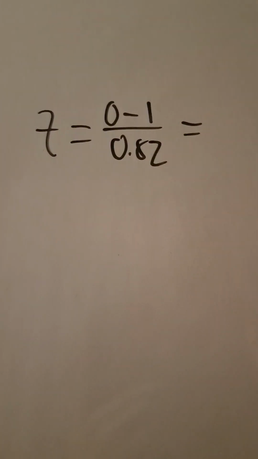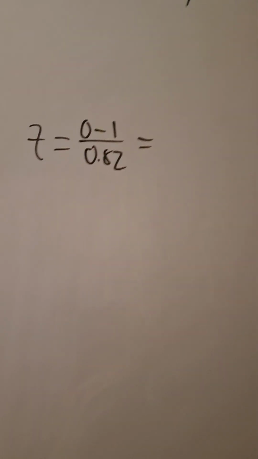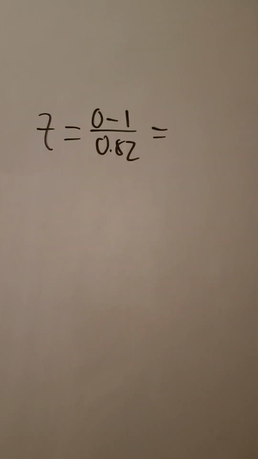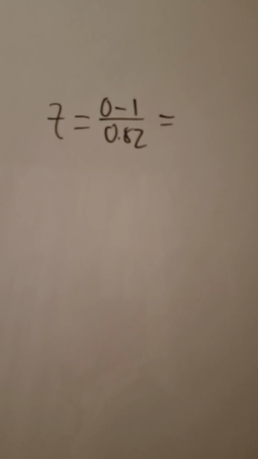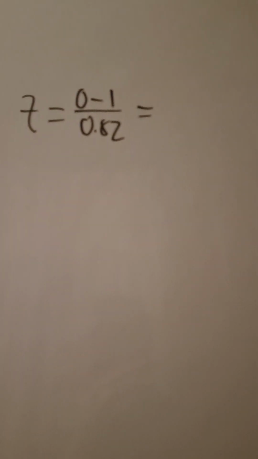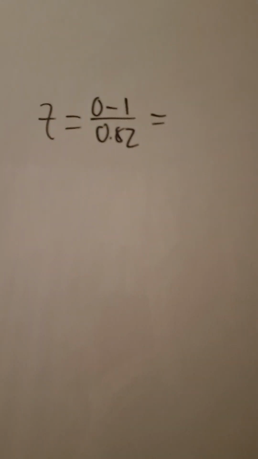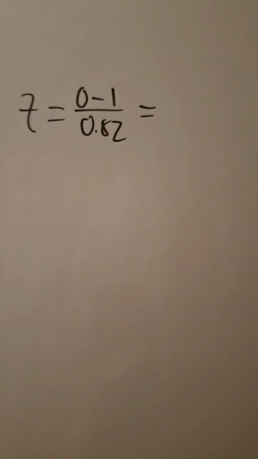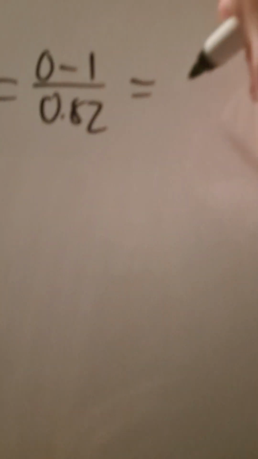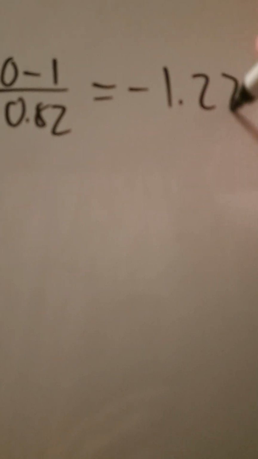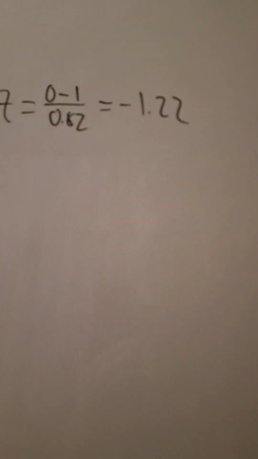All right, so again, you should be pausing between each of these to make sure you calculate them yourself and you get the right answer. But I'm just going to keep going. For this one, 0 minus 1 divided by 0.82, we're going to end up with negative 1.22.